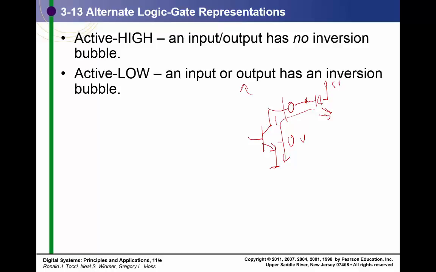If we go the other way and have this be our output, then when we draw a current, we have a voltage drop across here, and thus we're dissipating power and heat. So if we have any kind of current draw, it's better to use active low, because we're using what's called an open drain output or open collector output.